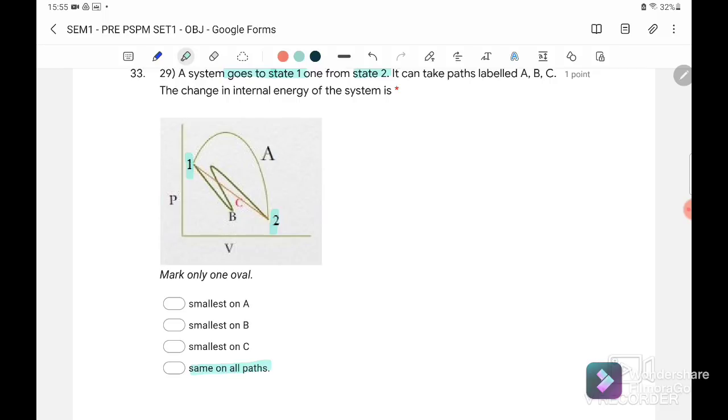As long as the initial is 1 and the final is 2, however long or near you go, the answer is the same, because we consider only the initial and final points, where we start from 1 and go to 2. So the answer is D.